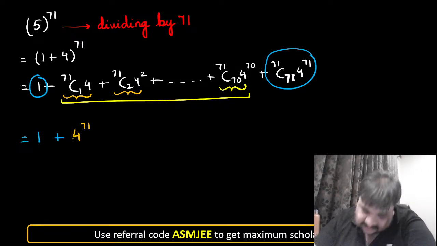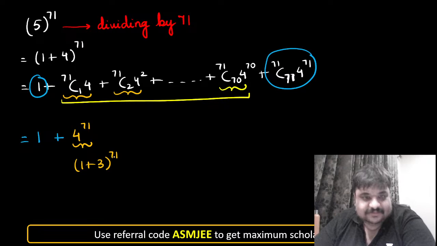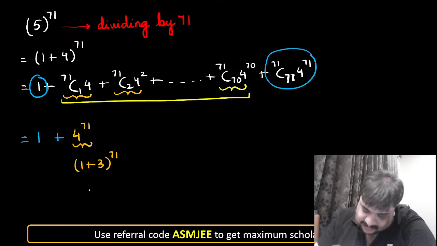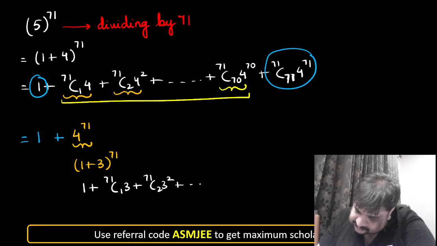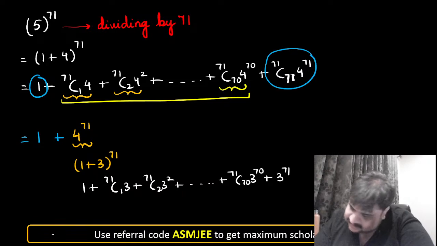Right? Great. Now break this. What will happen? You will be left with 1 plus all the terms, again the same thing happens.